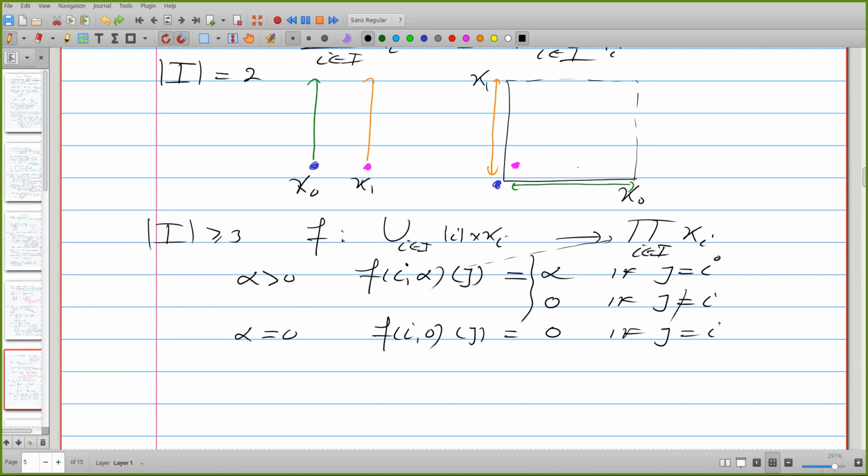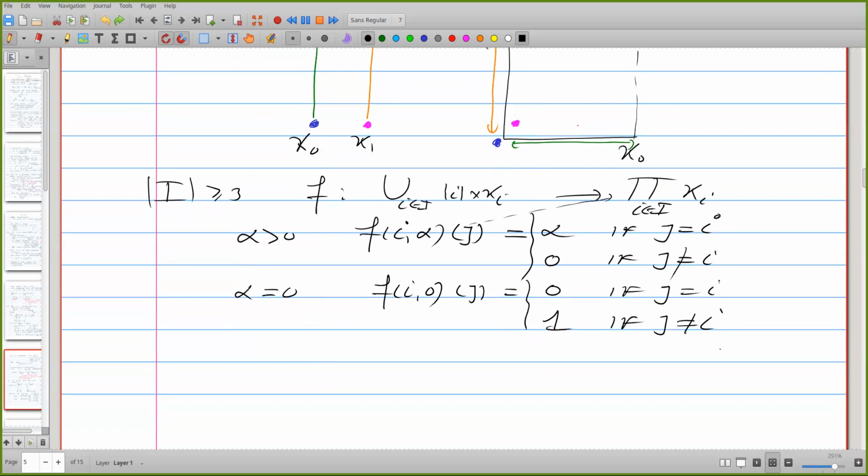That's going to be 0. But it would be very silly if I would put zeros on all the other coordinates as well, because then my function is no longer injective. Because then f of (i, 0) and f of (j, 0) would be the same function. So what I do here is this. And now check that this is injective.